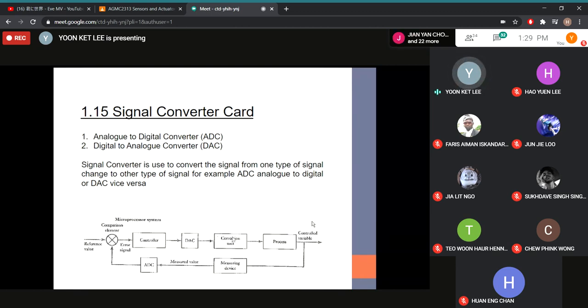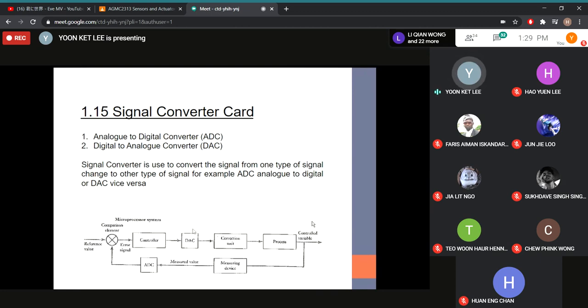So what happens is, if I have a motor, this is the correction unit. The correction unit will be the switch of the motor, for example. Then how am I going to control the speed of the motor? If I have a digital form, they cannot communicate with each other.